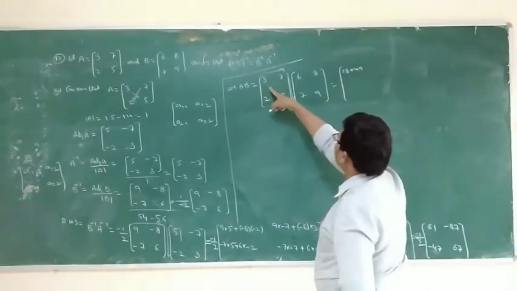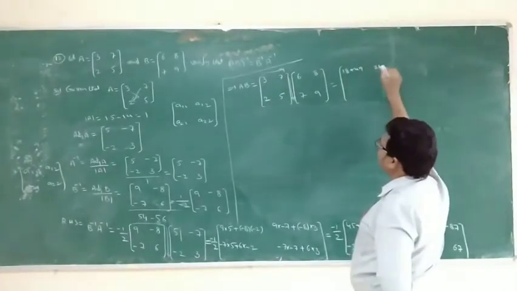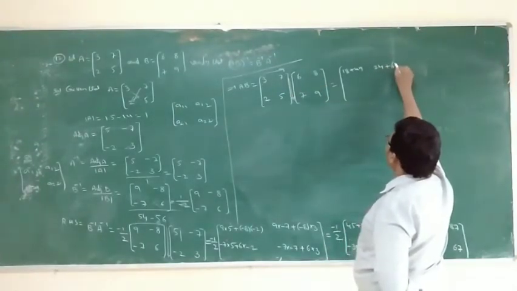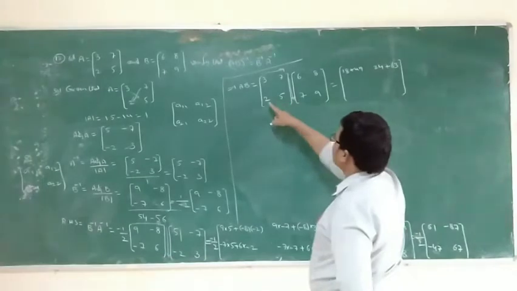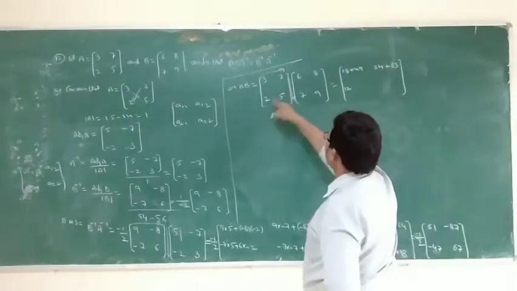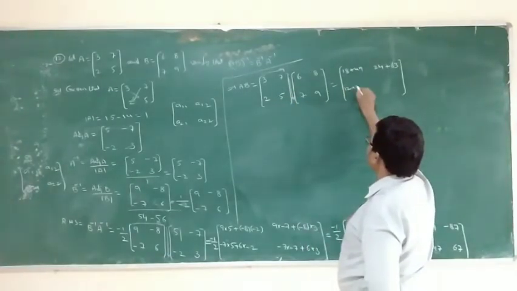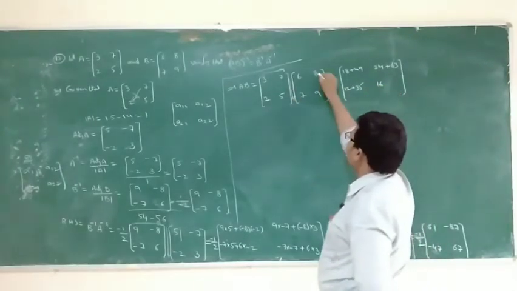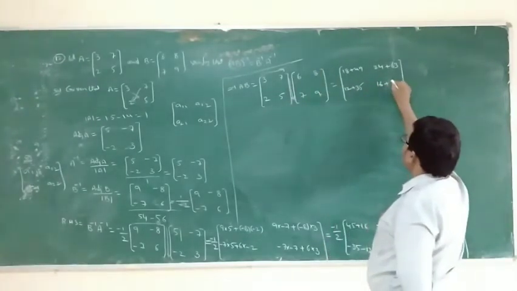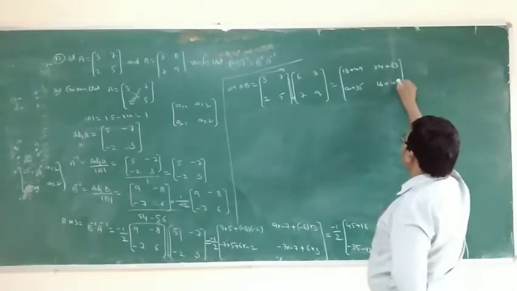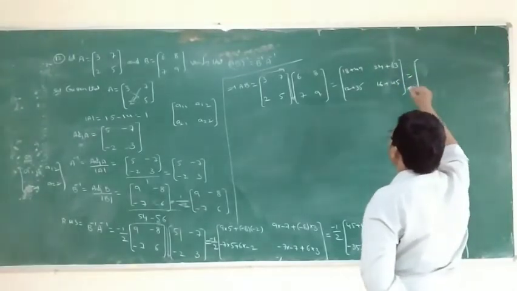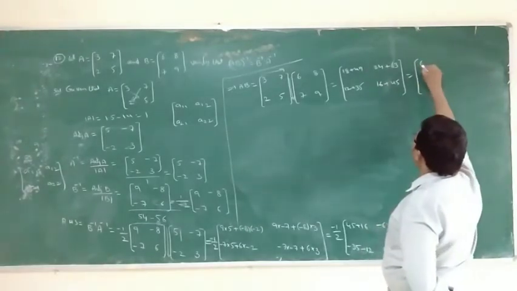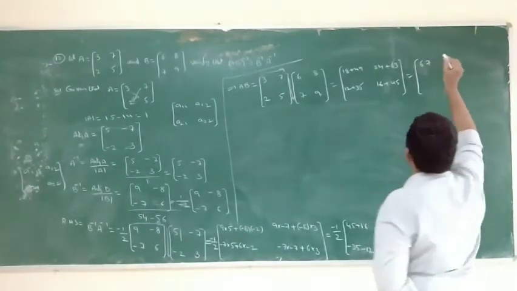Next, 3 into 8, 24, plus 7 into 9, 63. Next, 2 into 6, 12, plus 5 into 7, 35. Next, 2 into 8, 16, plus 5 into 9, 45. So that is equal to 67, 87, 47, 61.